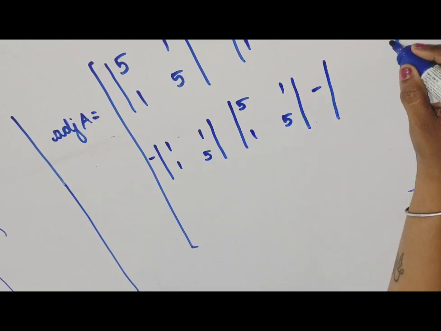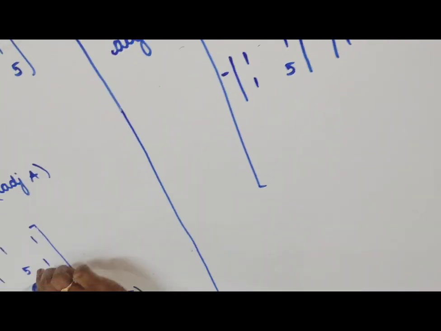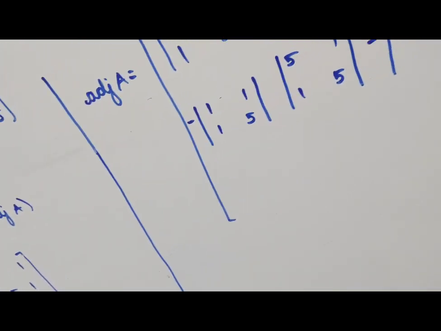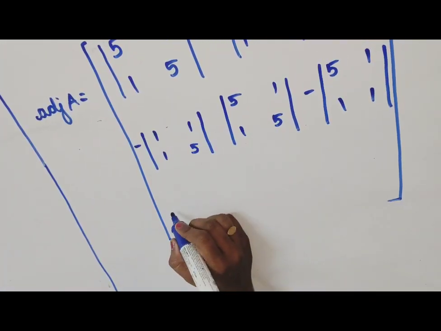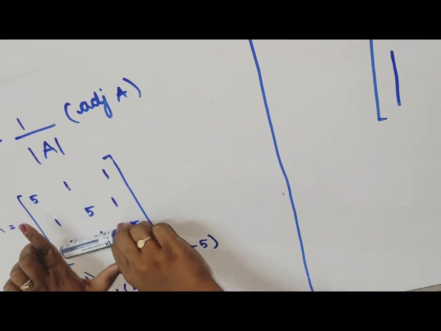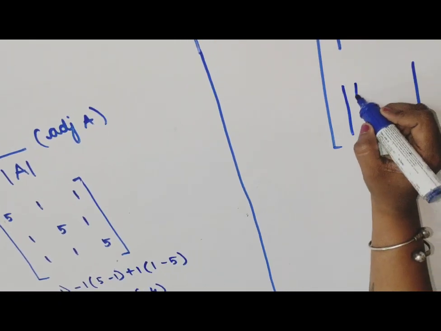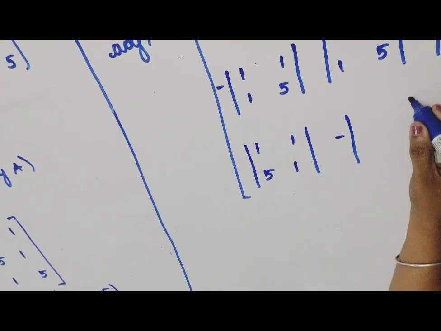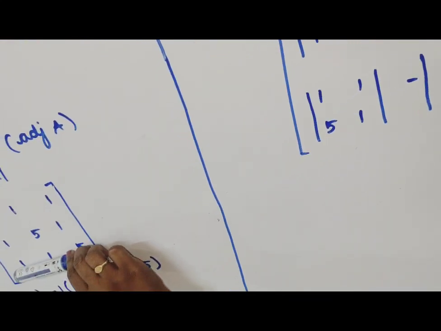The alternate term has minus. Next we omit this row and this column: it is 5, 1, 1, 1. For the next term, we omit this row and this column: it is 1, 1, 5, 1. The next term will have a default minus. We omit this row and this column.